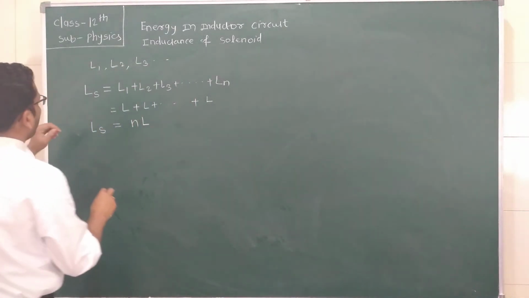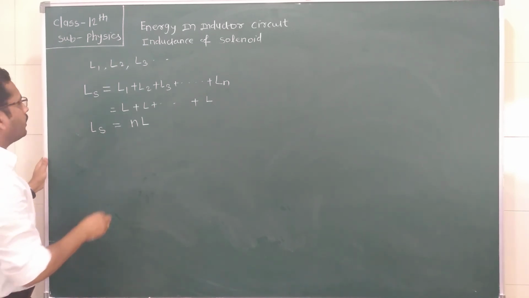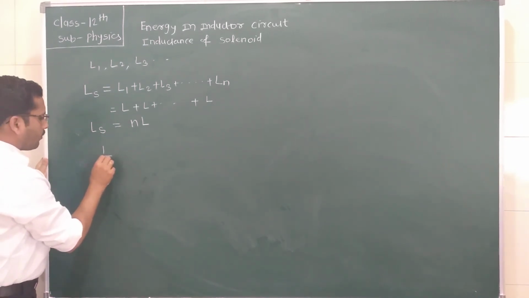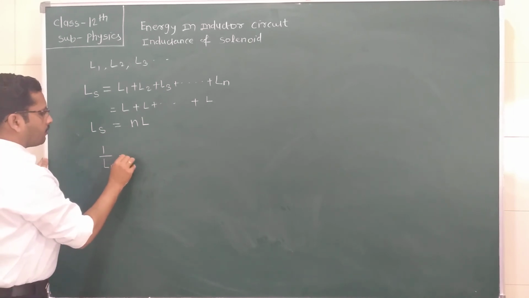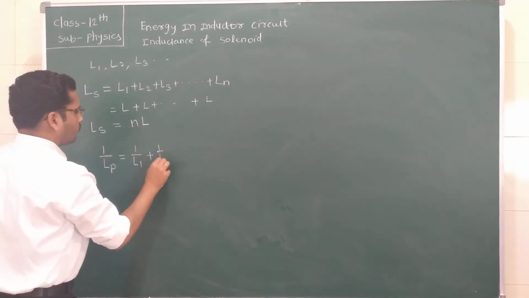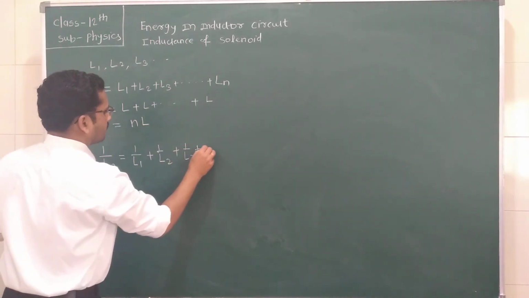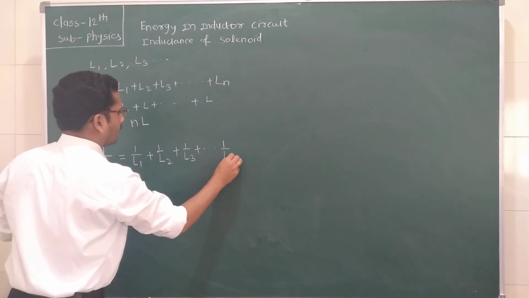Now when these n inductors are connected in parallel, then what happens? Then it is given by 1 by Lp is equal to 1 by L1 plus 1 by L2 plus 1 by L3 up to 1 by Ln.